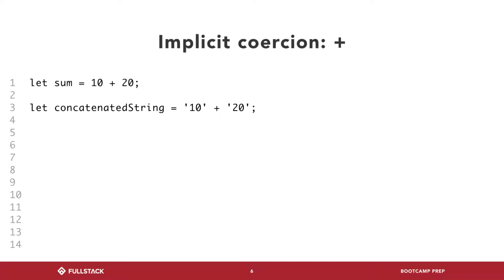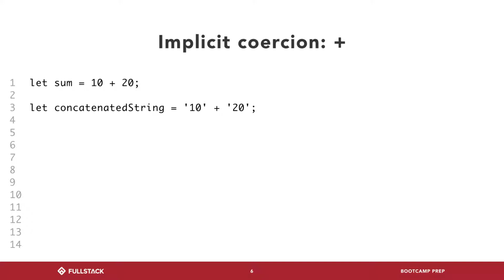So let's take this for example. If I say, let sum equals the number 10 plus the number 20, what do you think sum is? 30. 10 plus 20, 30. Numbers, math. Cool. Basics. And let's say I have something called concatenated string. It's the string 10 plus the string 20.